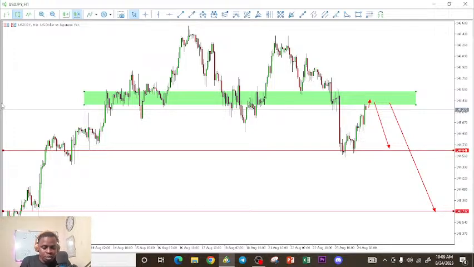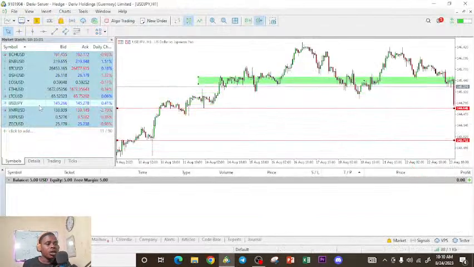The second setup is the United States dollar versus the Australian dollar, right? So I'm just gonna come here, and by the way, you can see I have $5 in this small account. What I want to do with this $5, I will tell you in the next video.